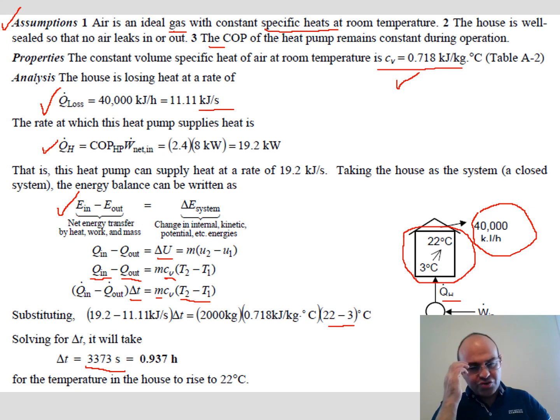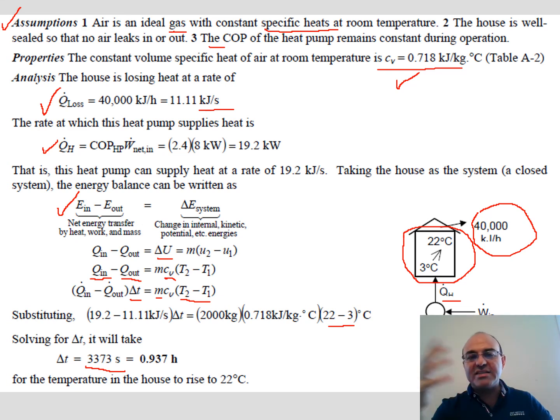So that's it. One question that I could ask here, the type of questions I used to ask in the class: what happens after this 0.937 hours? If the heat pump continues to run at the same capacity, what will happen?